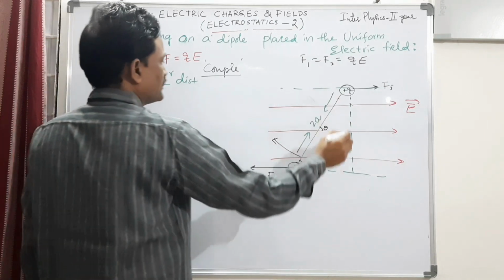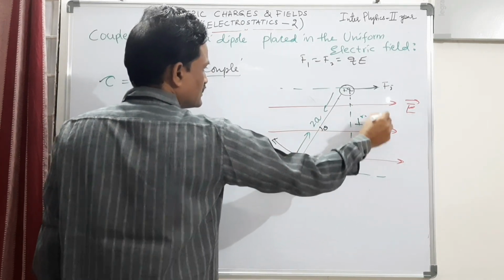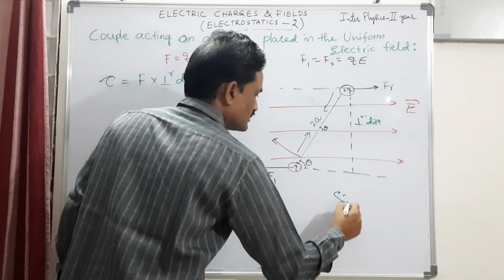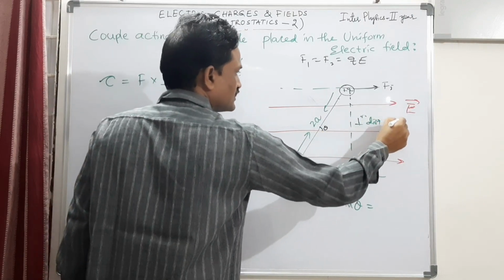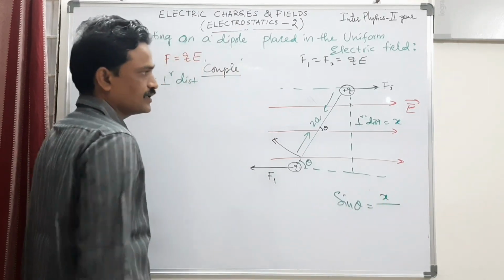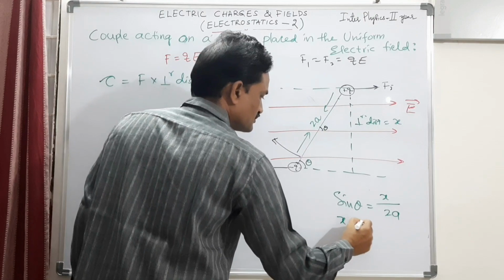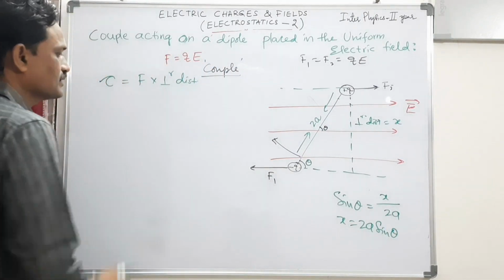Now I want this perpendicular distance. What is this perpendicular distance? This perpendicular distance can be obtained by making use of sin theta. So sin theta is equal to the opposite side. Opposite is this perpendicular distance, let us say x. So perpendicular distance x divided by the hypotenuse, which is 2a. So I can write x is equal to 2a sin theta. Now I substitute in the equation for the torque.